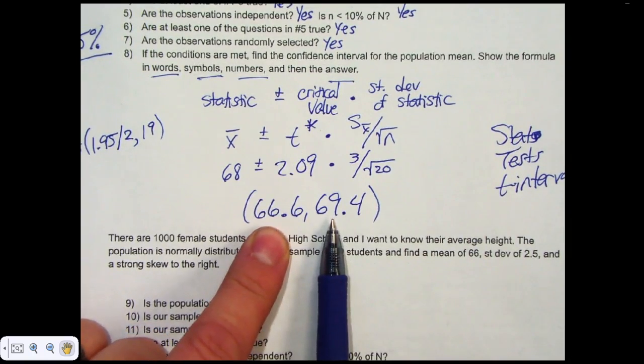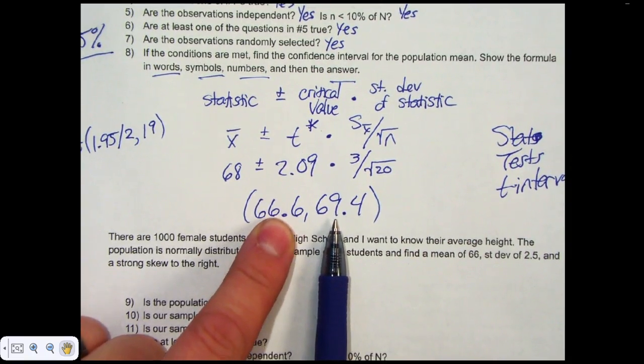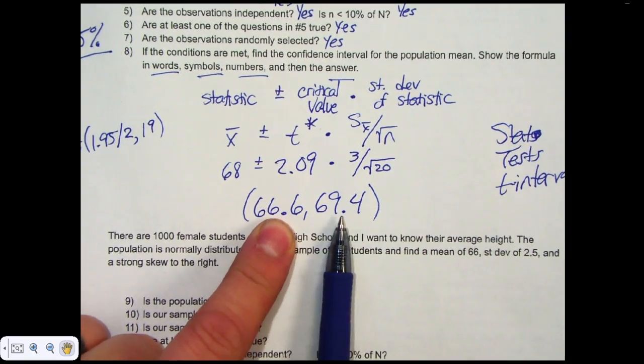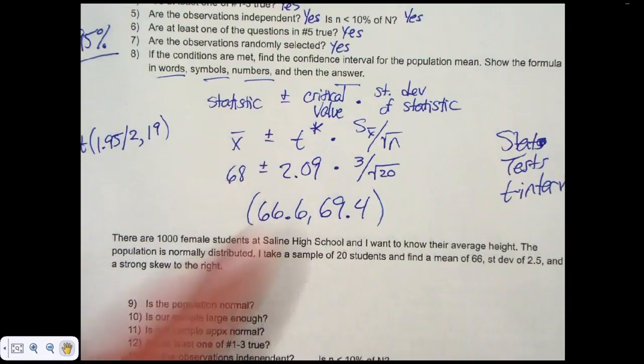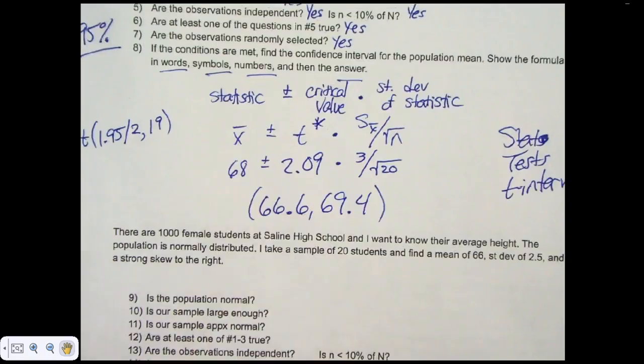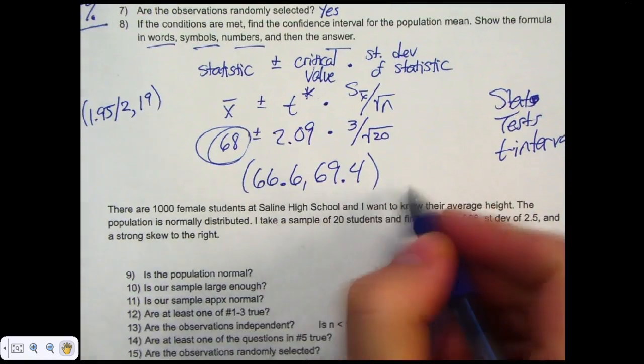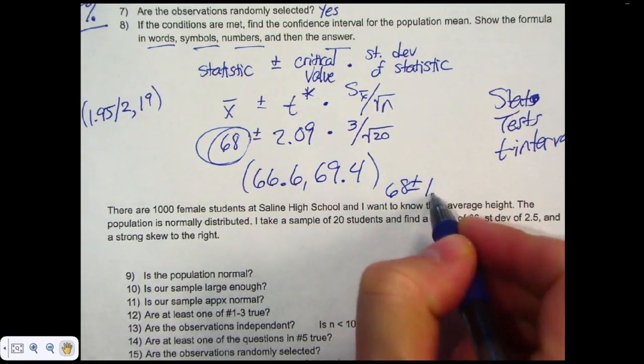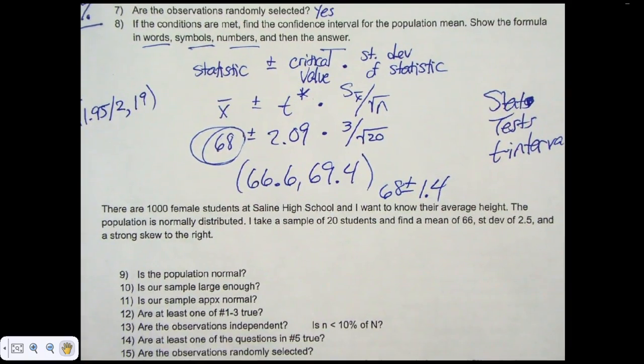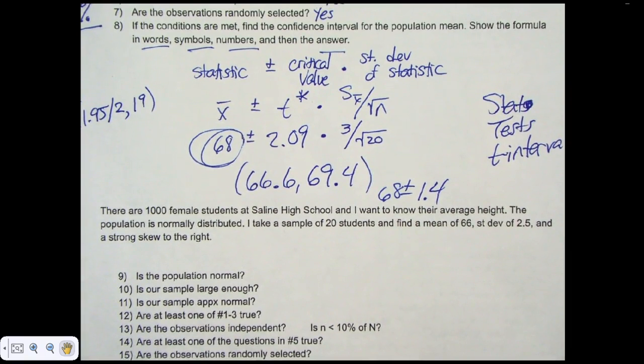The width is the distance from one end to the other. That's 2.8. What's the margin of error? 1.4. That's half of it. What's the point estimate? That's the number that's right in the middle, right? But don't we have it right there? Yeah. So 68. So really this is 68 plus or minus 1.4. Hey, I got it now. You good? Okay.